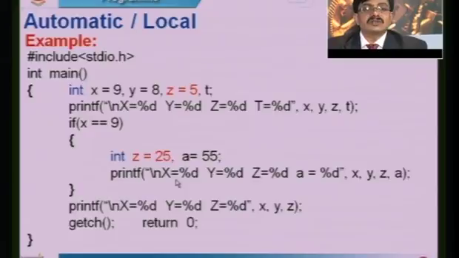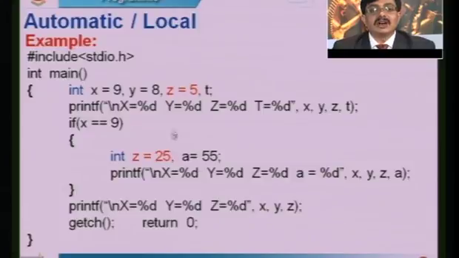The x value is 9 and the y value is again 8, whereas the z value will not print 5, rather it will print 25, because locally we have declared another variable called z. This will have higher priority than the block outside of it. So z will get the value 25, and I have declared one more variable called a whose value is 55. So the a value will get printed as 55.